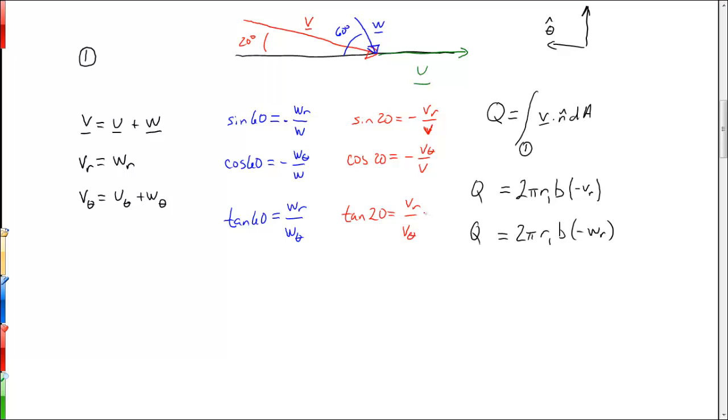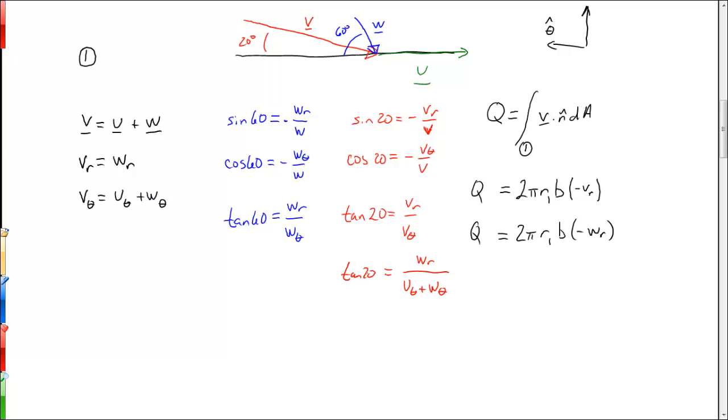So what I did is I substitute WR for VR, so we get a WR on the top, and in the denominator, V theta is equal to U theta plus W theta. So now we have two equations.